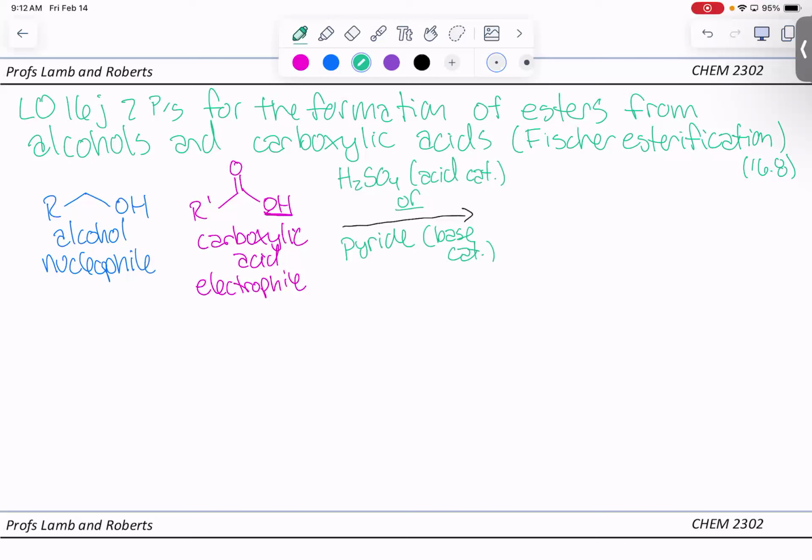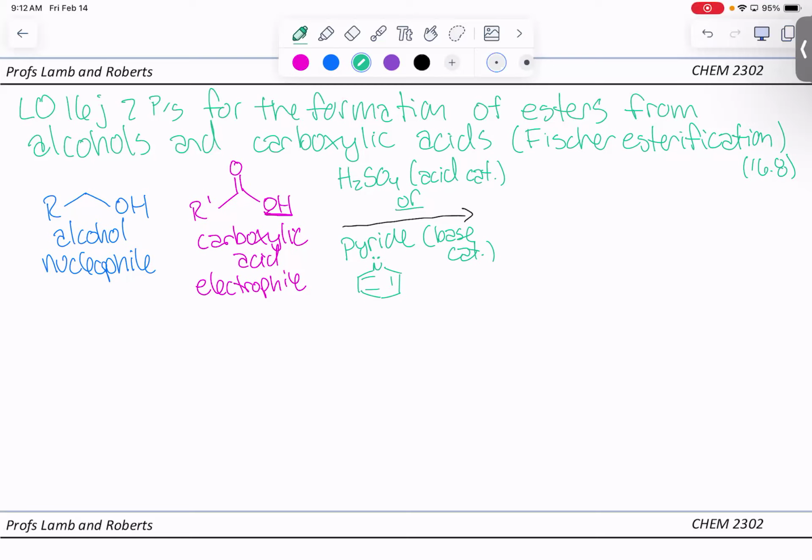Using pyridine and H2SO4 as representatives of acids and bases. So if you recall, the structure of pyridine looks like this. And this lone pair on the nitrogen of pyridine can act sort of as the base or a nucleophile in this reaction. So we have a couple conditions that we can do this under.